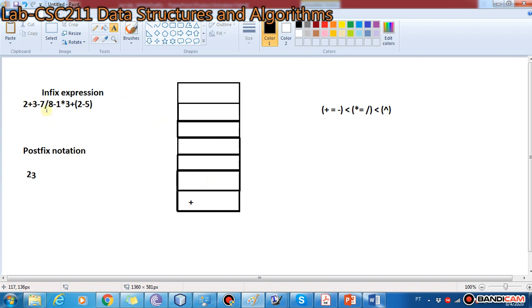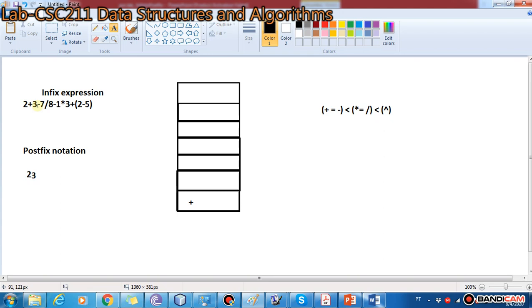But if it has the same precedence, which in this case it does, minus and plus have the same precedence, then you check for association or associativity. Association is basically the mechanism of in what order operators with the same precedence are evaluated.